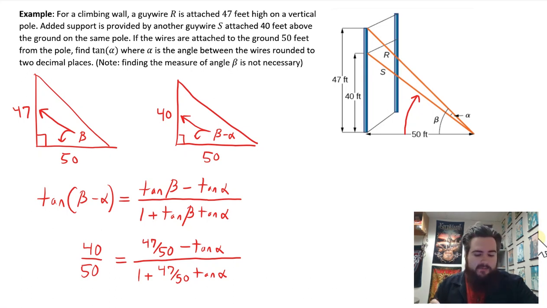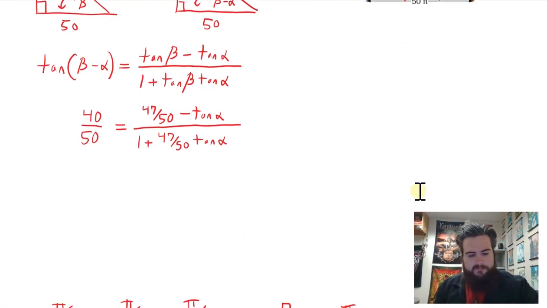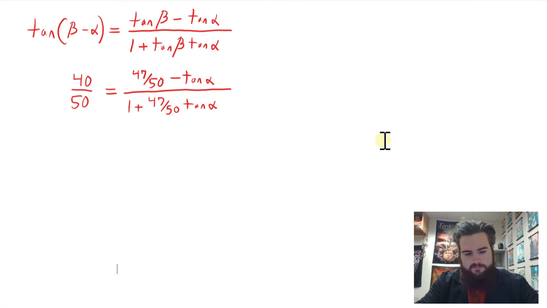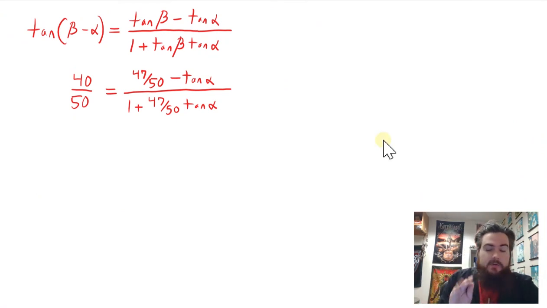So really what we have here now is an equation where I have one missing value. I have tangent of alpha that is missing. Technically it shows up a couple times, but really this is now an algebra problem. If I move this down so I have a little bit of room, you could, if you wanted to, even for the time being, substitute tangent of alpha and call it x.